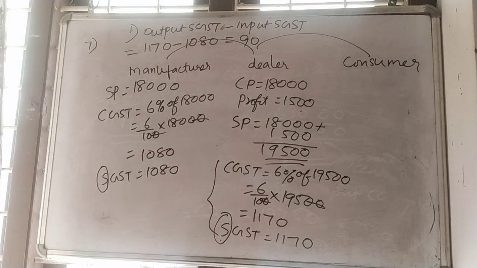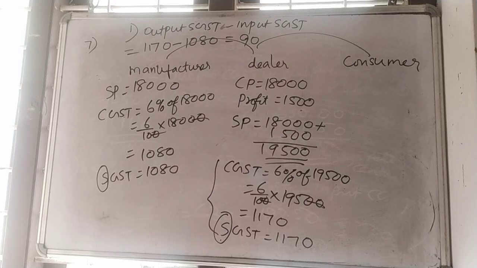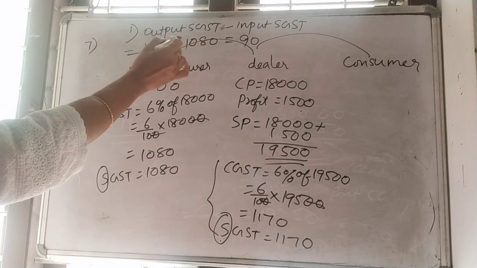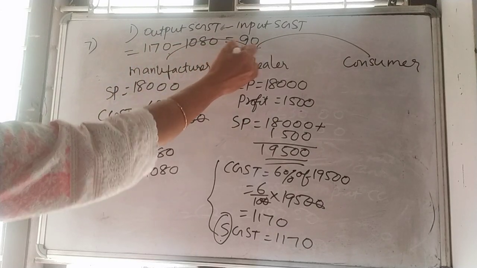Similarly, what will be the amount of GST received by the central government? Here amount of GST paid by the dealer to the state government is rupees 90.